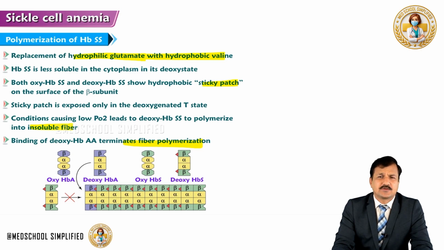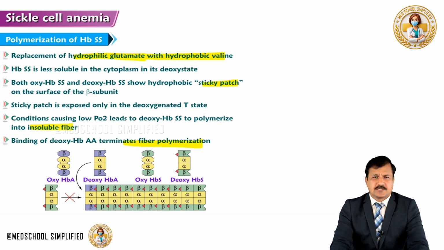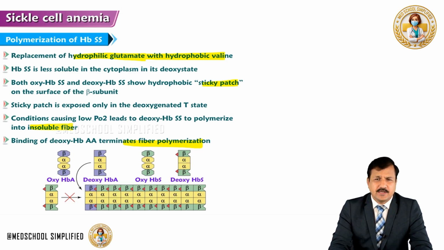This is what happens with HbSS. Whenever it undergoes a deoxy state, there is exposure of this sticky patch because of the additional valine residue, leading to polymerization of hemoglobin and making an insoluble fiber in the cytoplasm.